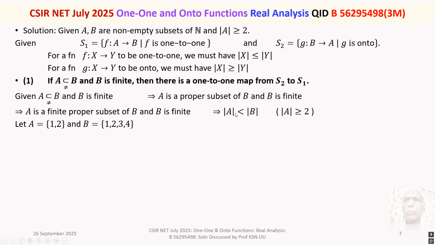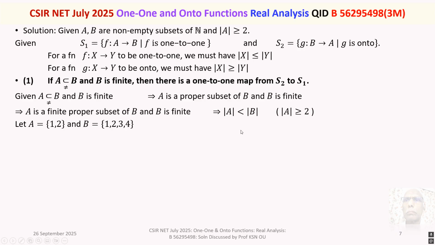And cardinality of A is less than cardinality of B. The cardinality of B must be greater than 2. So, we have taken B equal to {1, 2, 3, 4}. It is also a subset of N. Right. Cardinality of A is 2, cardinality of B is 4, strictly less than.